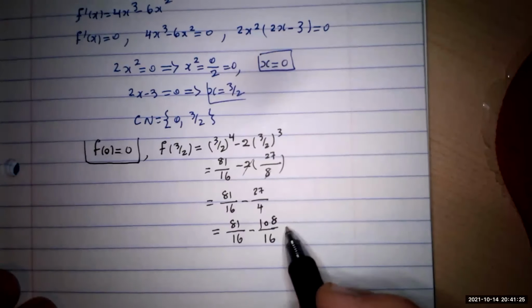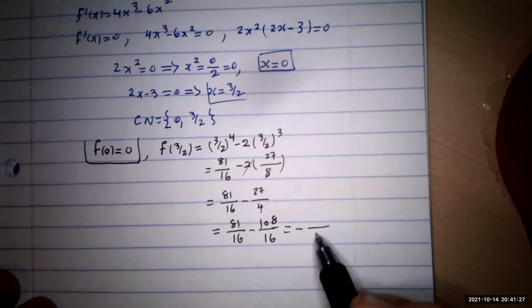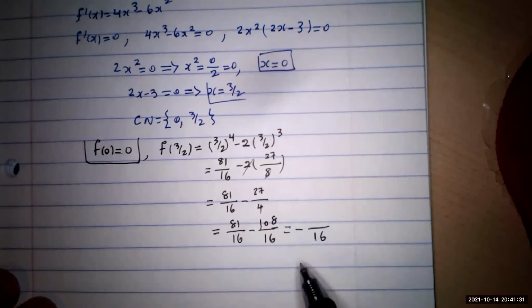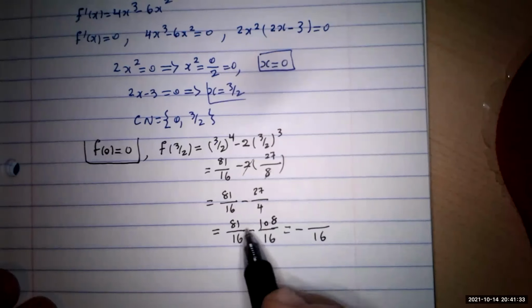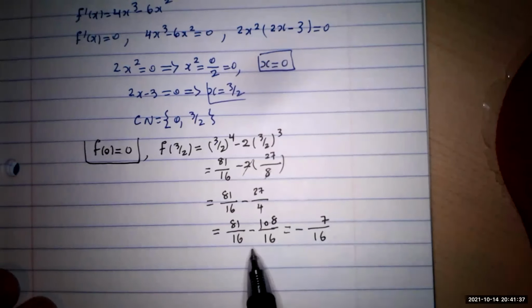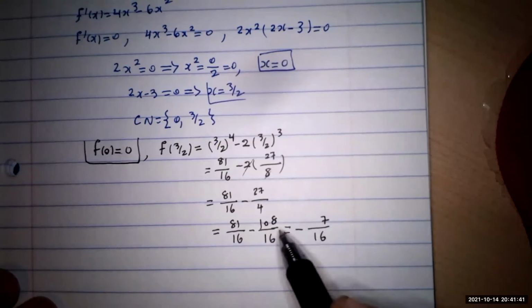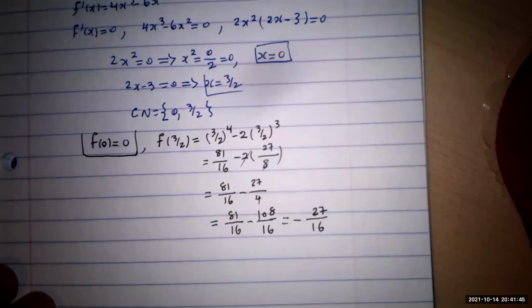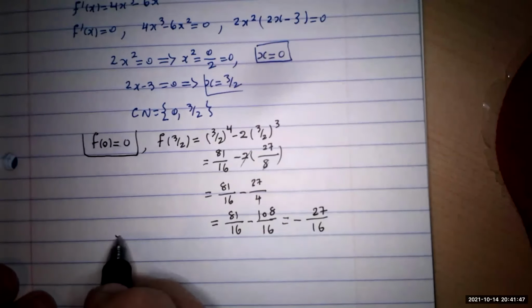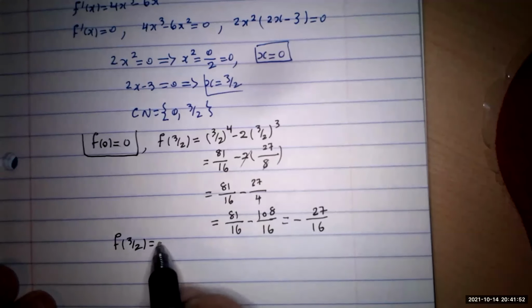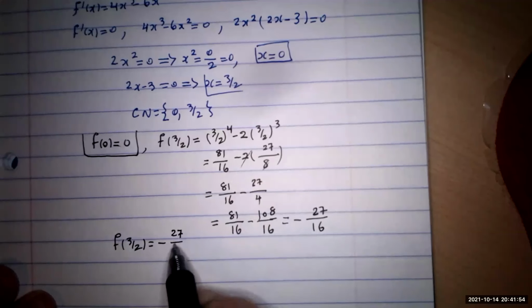You subtract that, and the result would be negative 27 over 16. So f of 3/2 equals negative 27 over 16.